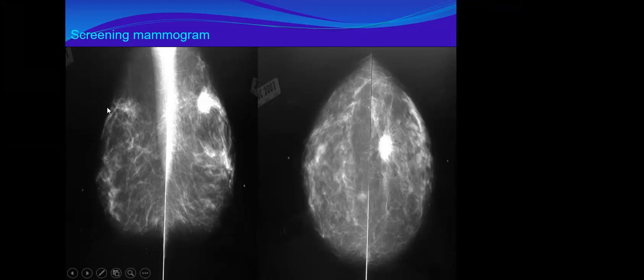This is normal fibroglandular tissue spread away on the CC view. I think there is a small lesion within the right breast posteriorly. Excellent, inner posterior. How do we describe this one?